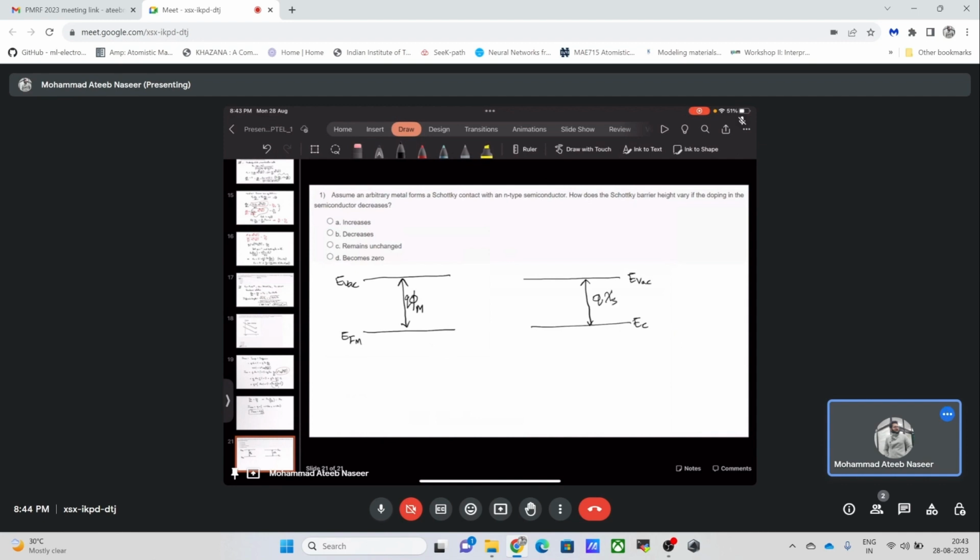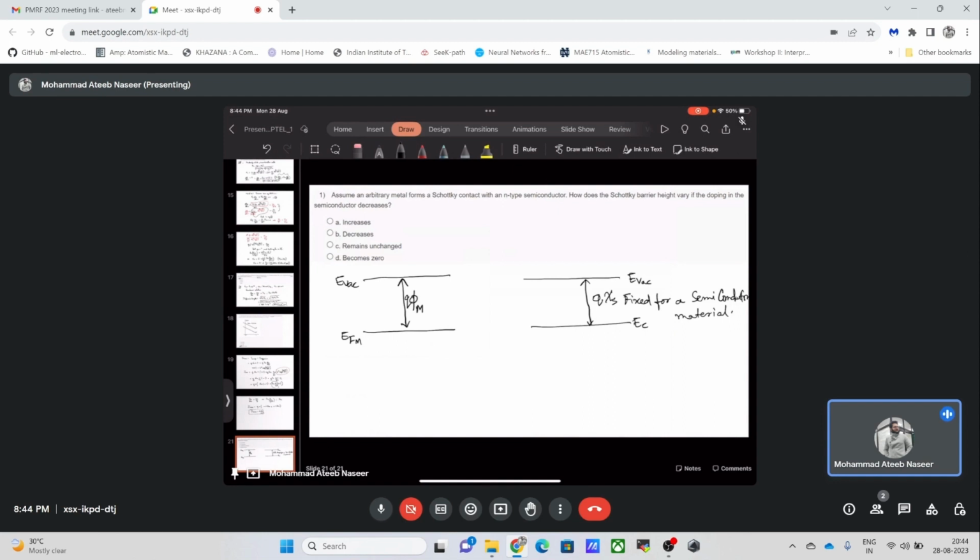This is the electron affinity, and this is fixed for a semiconductor material. How it would change with different materials aside, for a particular semiconductor it would be fixed.